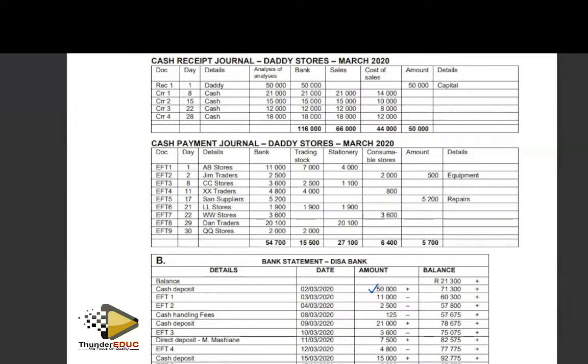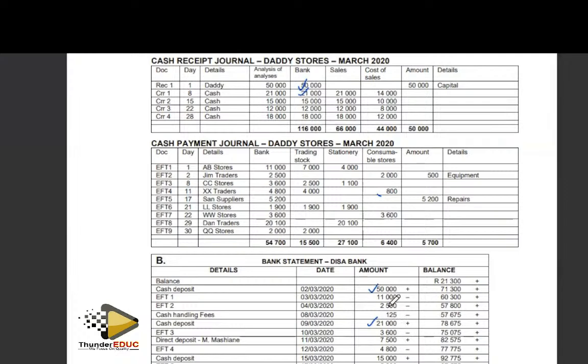Here we are. I'm comparing the bank account with the credit side, okay? With the plus. Now we have the 21,000, right? 21,000, which means this money came in. So this one, we have seen it. Even here, I have the 21,000. So that one, there's no problem. We have ticked it off.